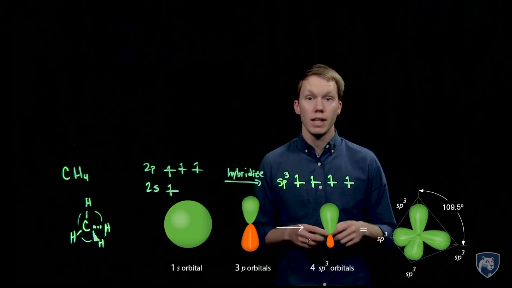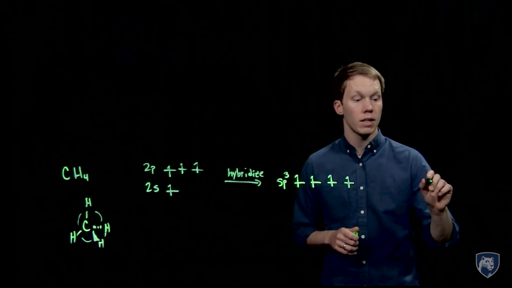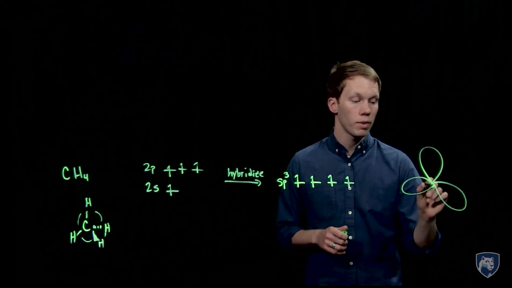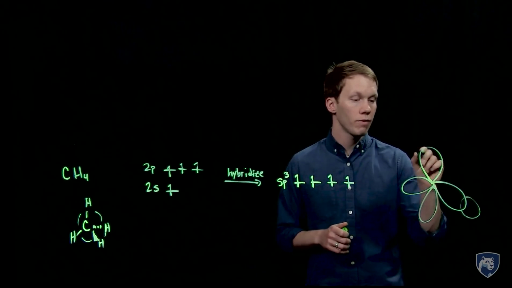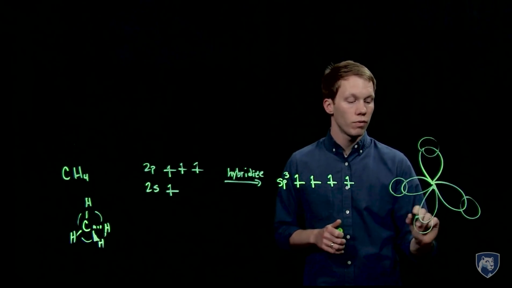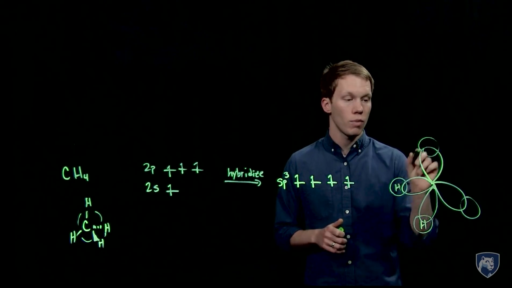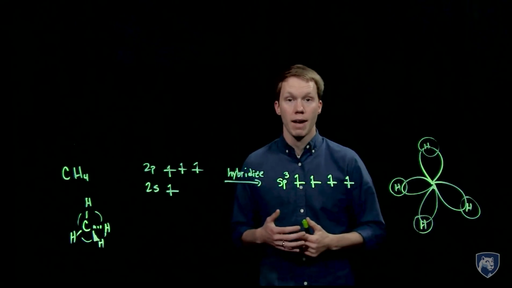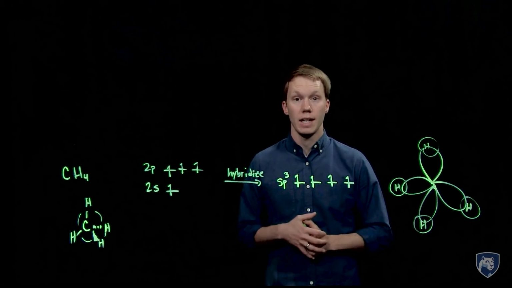And so this is a way that we can explain the bonding in methane. These 4 equivalent orbitals will be as far away from one another as possible to form the 4 identical bonds to hydrogen and explain the bonding pattern observed in that molecule.